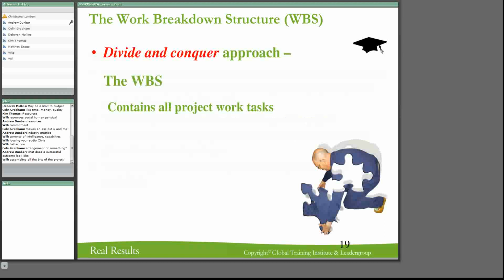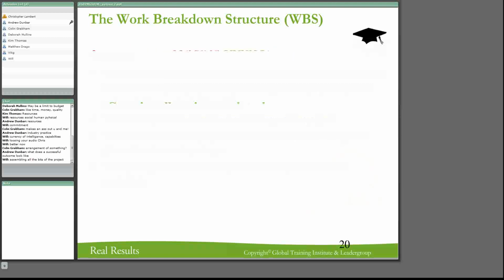So the work breakdown construction contains all the project work tasks. Now, let's have a look at this breakdown structure from a different perspective. This is going to be your tool for monitoring any kind of assigned work.